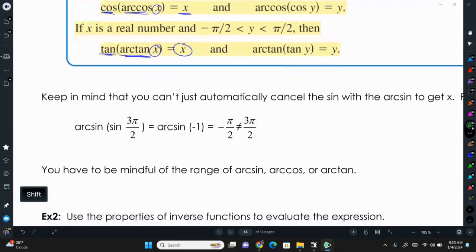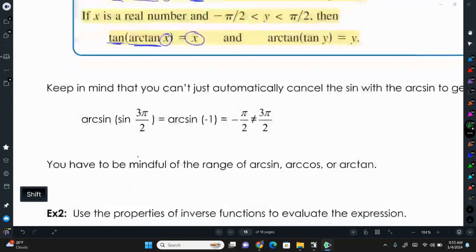So for example, if we have the arc sine of 3 pi over 2, again, we can't just say it equals 3 pi over 2, because 3 pi over 2 is outside of the range for the inverse sine.